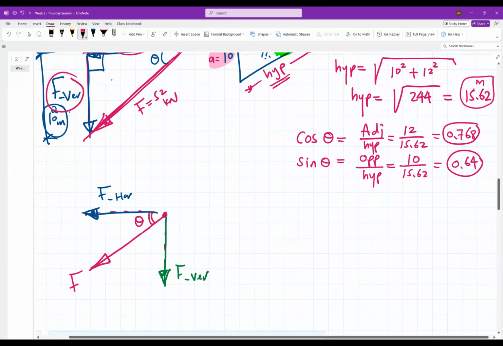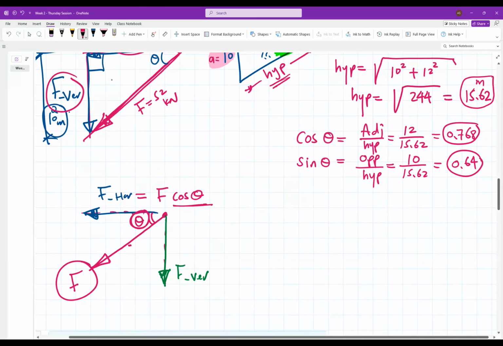So if this is F, the horizontal component will be F cosine theta. Why F cosine theta? Because theta is the angle between the horizontal and the force, right? So the horizontal component takes cosine because this is the component closest to the angle. So the closest component to the angle is cosine.